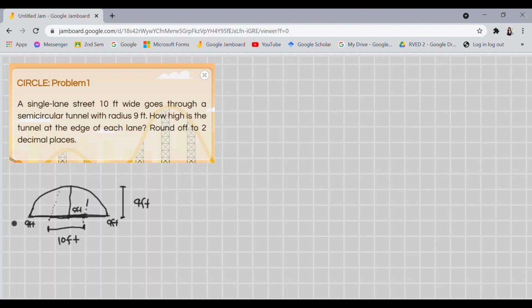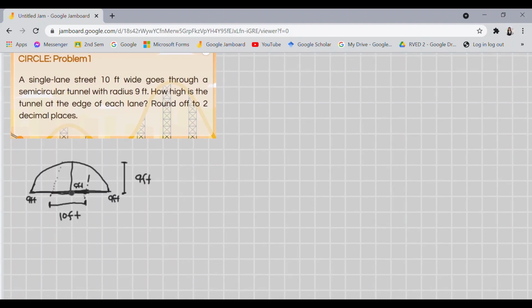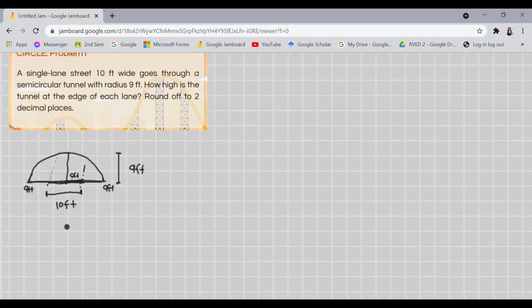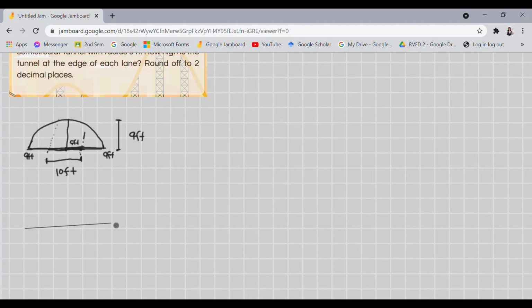So, let's plot this in a Cartesian plane just to show bakit nagha-half-half tayo doon. So, technically, this is your center, this is your circle, and then we'll plot the center at 0, 0. So, if we have the Cartesian plane with xy axis, okay, so this is your x-axis, and then this is your y-axis.